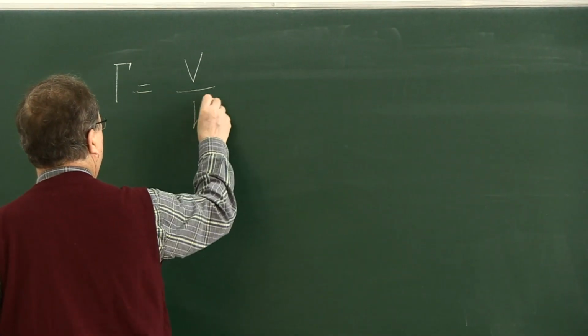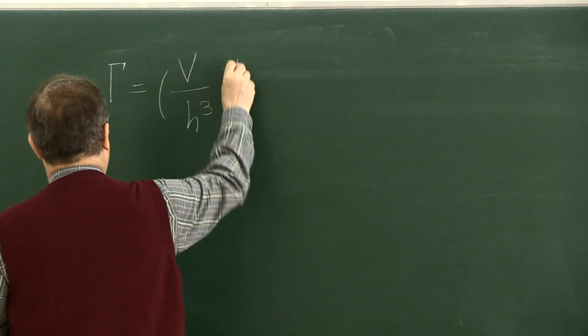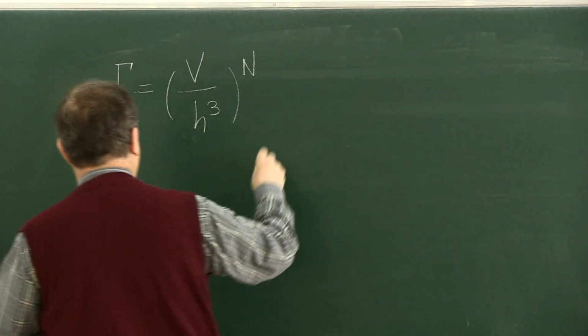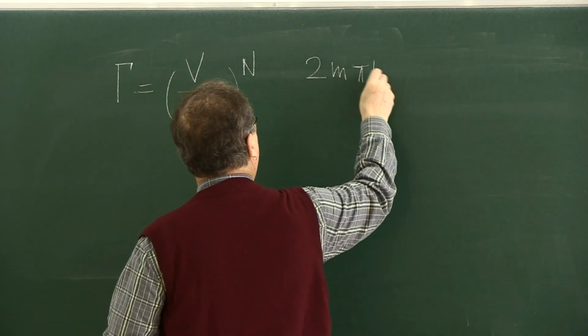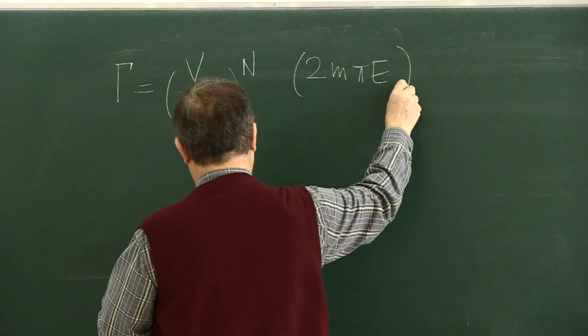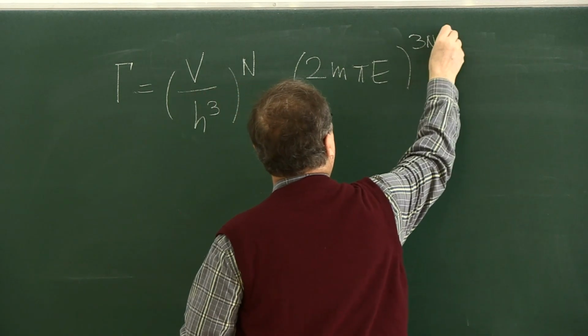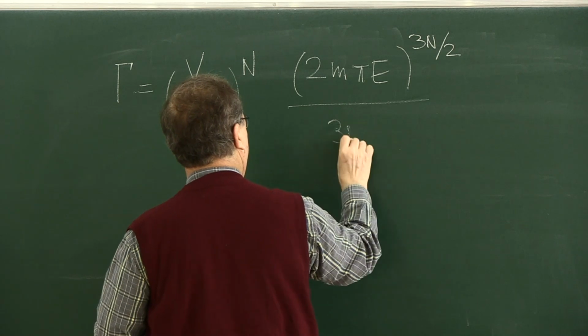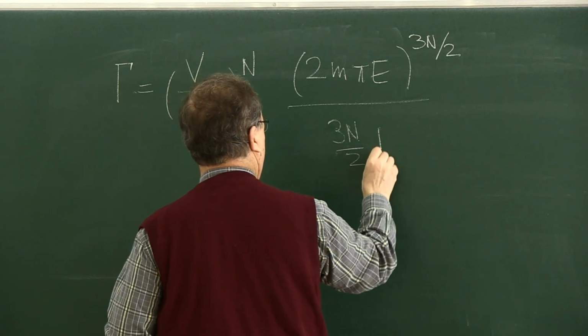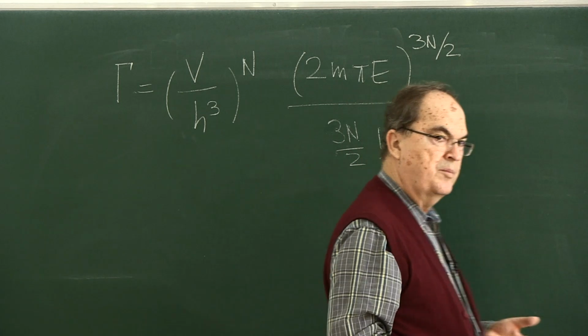So V over h cubed to the power n, and the other things also, (2 pi m E) to the power 3n over 2, over 3n over 2 factorial. It's like magic, isn't it?